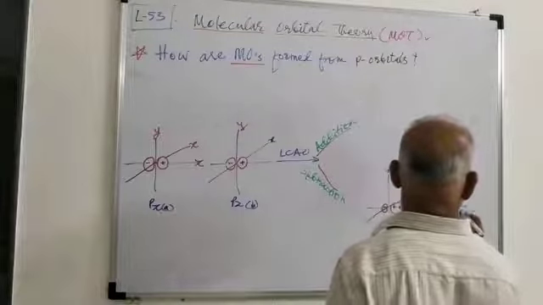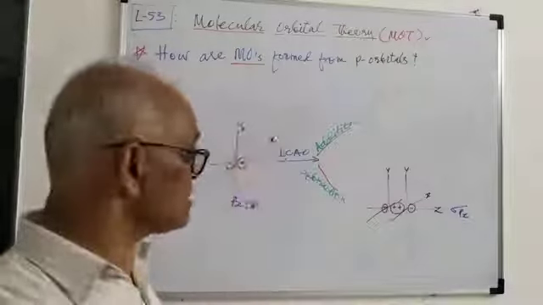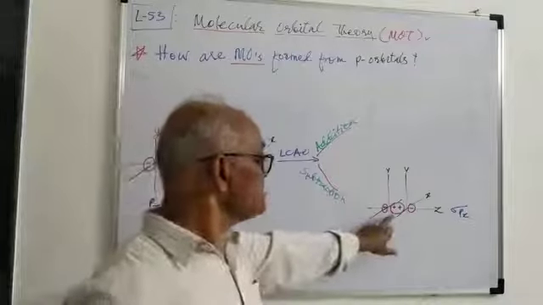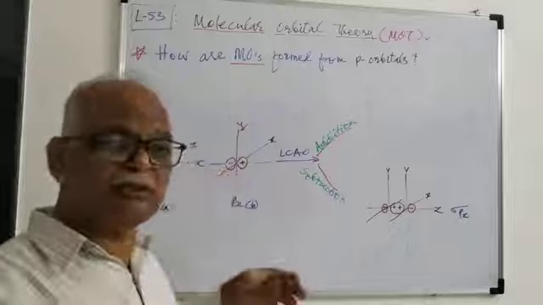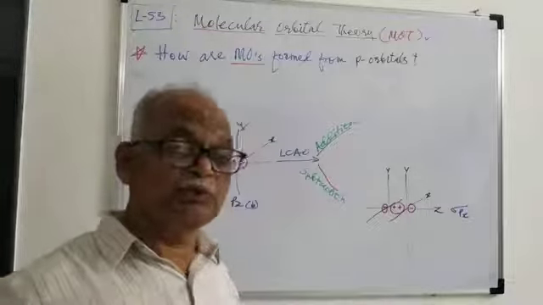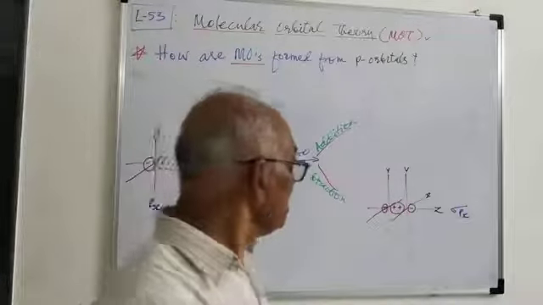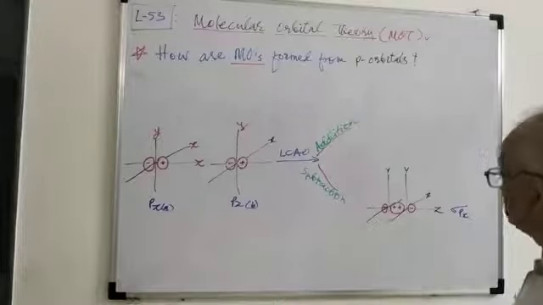So this will generate the sigma pz molecular orbital, and in this case the electron density from both the atomic orbitals, that is every lobe, is moving to the center of the two nuclei, and therefore the electron density increases, and it results in strengthening of the bond.